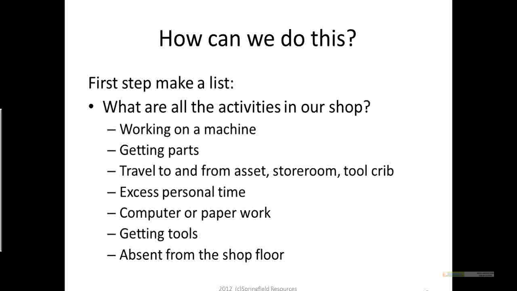Just like the things we just looked at: the excess personal time, computer work, getting tools, whatever activities. You don't have to have a complete list. What you want to be looking at are those activities that you're interested in studying. So the other ones you can just gather in one category.